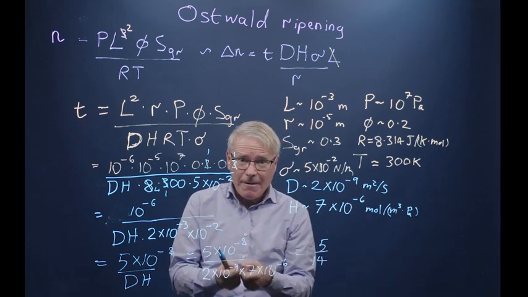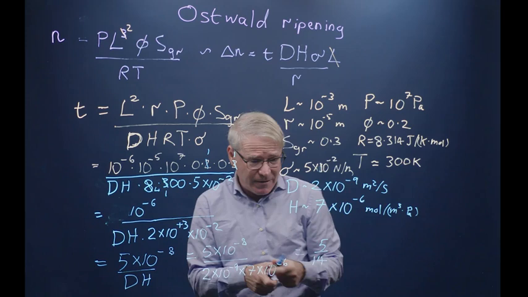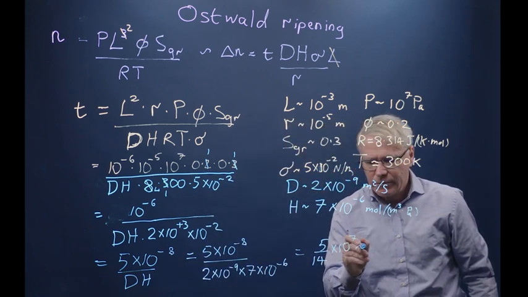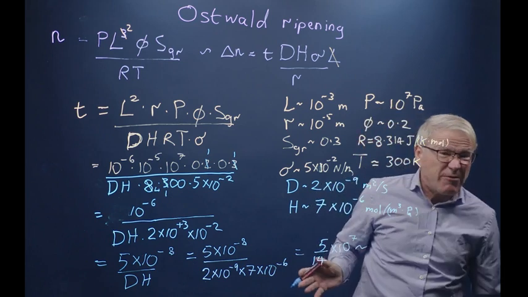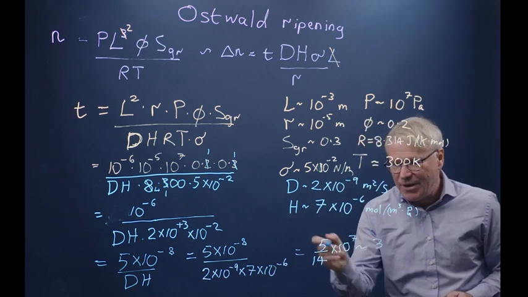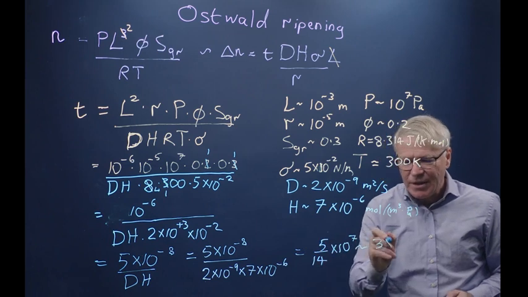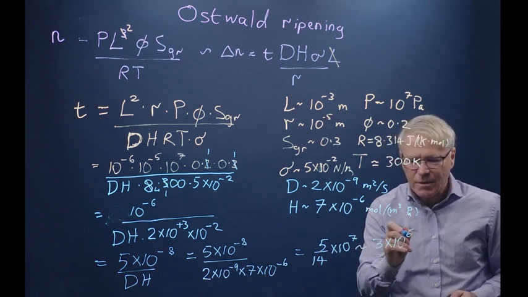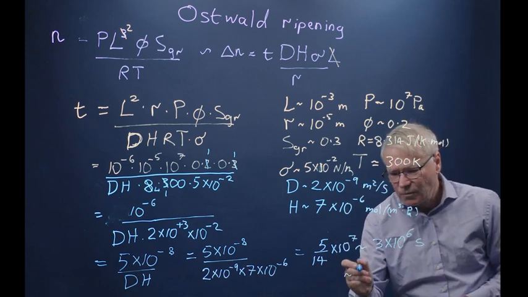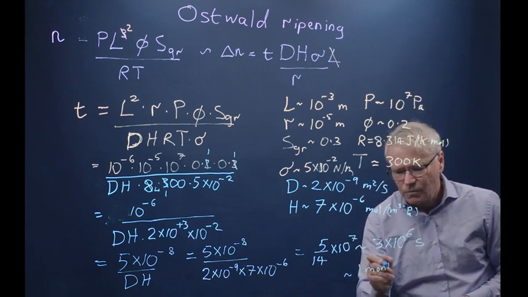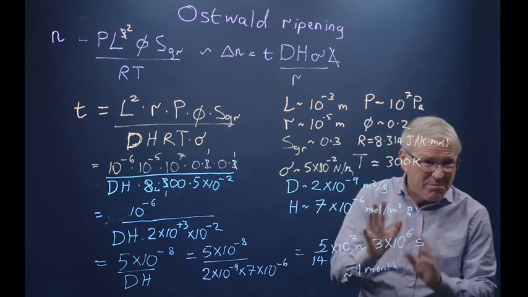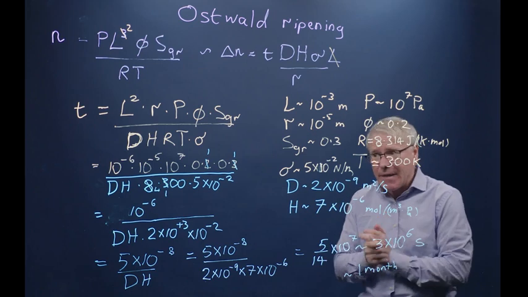Minus 8 plus 15, that's 10 to the 7th, isn't it? So this is roughly 1/3, right? So it's then 3 times 10 to the 6 seconds, and that's about a month. A day is about 86,000 seconds. We got a bit over a month, maybe a month and a half, something like that.